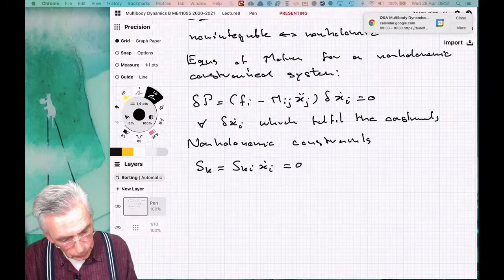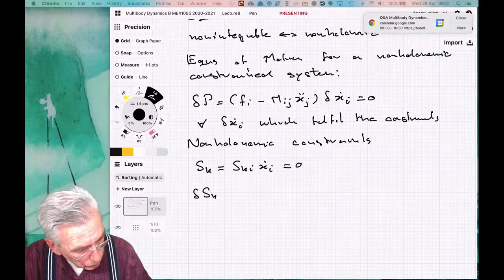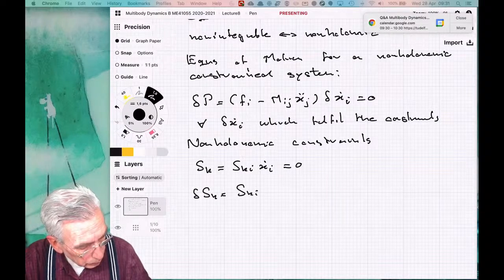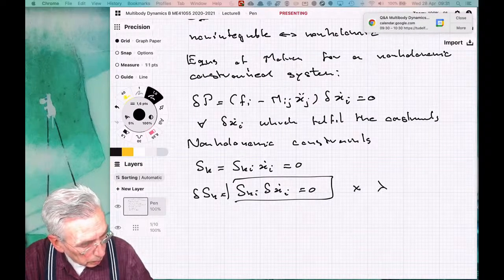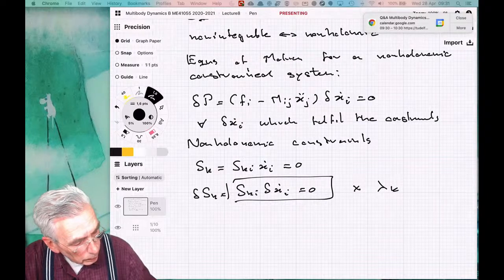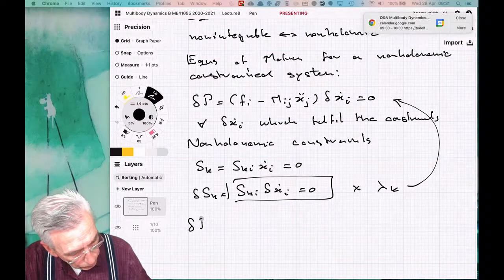That is our constraint. Now if we want to incorporate that, then we have this virtual one, and again this remains constant, and if my virtual velocity is 0, then again times the Lagrange multiplier lambda k, and we then add that to our virtual power expression.